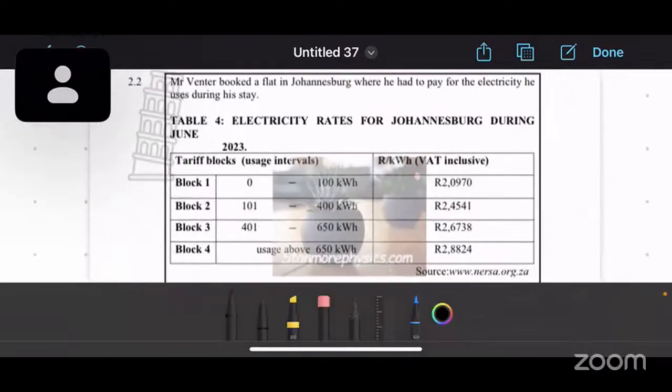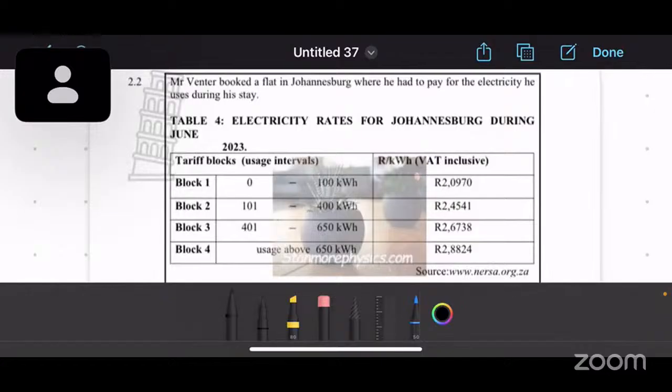Then we have block one, block two, block three, block four. The first block is 0 to 100 kilowatt hours, which is 2 rands 0970, and block two is 101 to 400 kilowatt hours, which is 2.4541 per kilowatt.